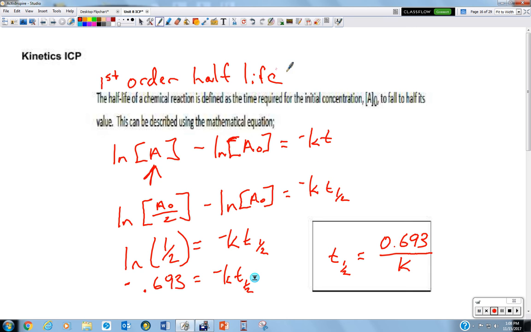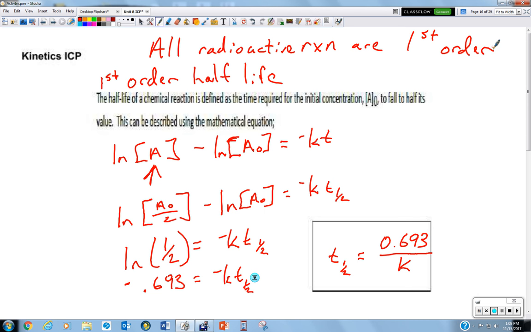And the only other thing that I want to say about this is all radioactive reactions are first order. All right. So that basically gives us the equations that we're going to be using today for the most part.